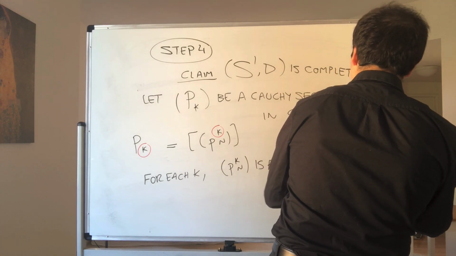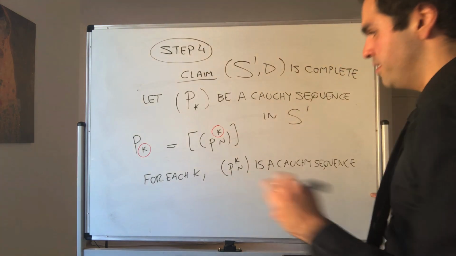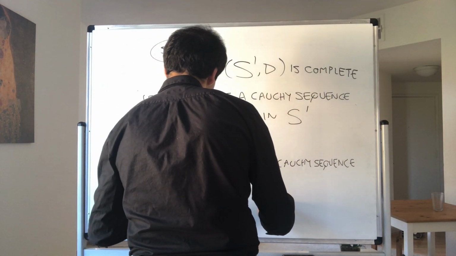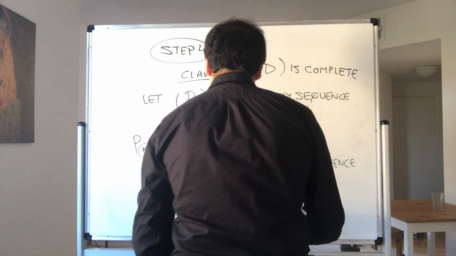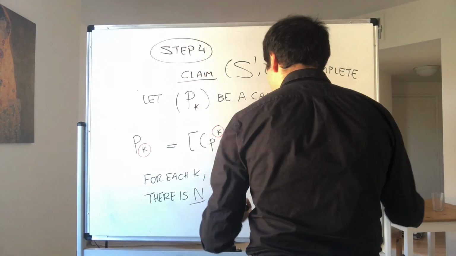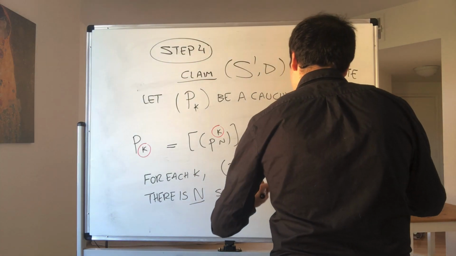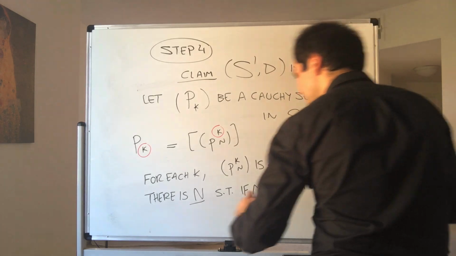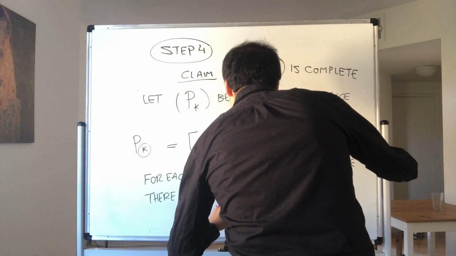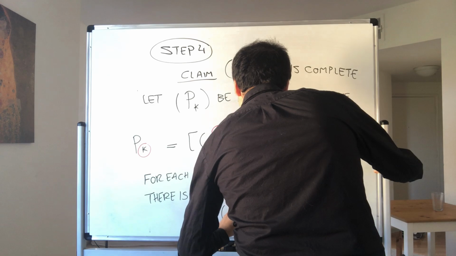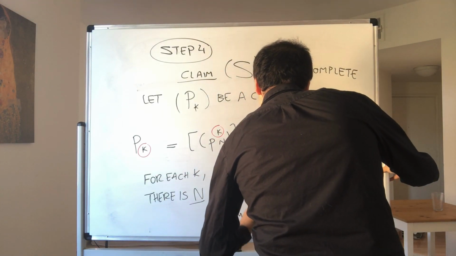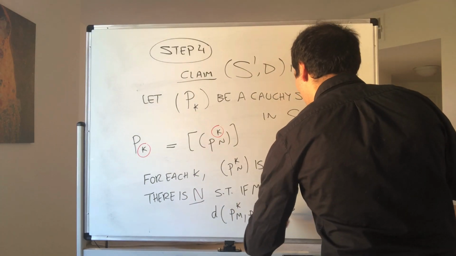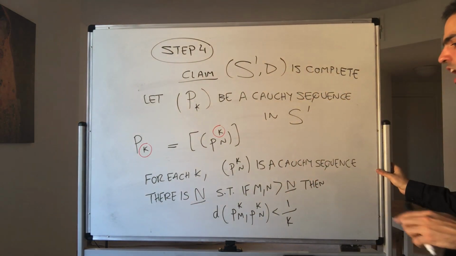So in particular, there is a capital N such that if m and n are bigger than capital N, then the distance between P_km and P_kn is less than epsilon, but here let's pick epsilon to be 1 over k. You'll see why we need that.